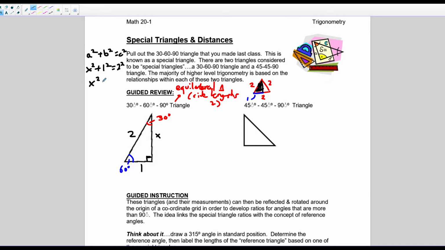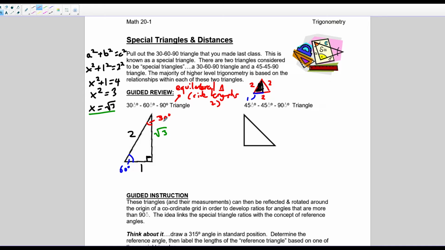So that means I just have x squared plus 1 is equal to 4. Let's subtract 1 from both sides. And then we're going to square root both sides so we get plus or minus the square root of 3. But because we're looking at a side length, we're going to take the positive square root. So x in this case is simply going to be, and I'll do this in green, the square root of 3. So from here we can come up with a few conclusions.